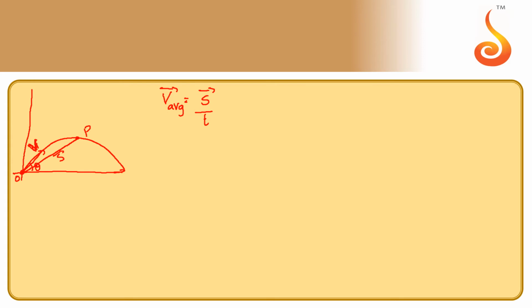So we need to calculate this displacement, and we know that this point is h max, and this would be half of the range. Therefore, the magnitude of displacement is equal to under root of h max square plus r by 2 square.